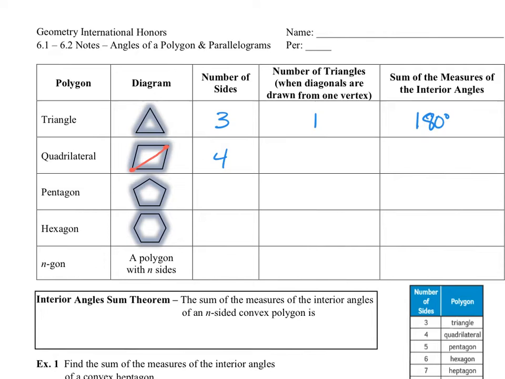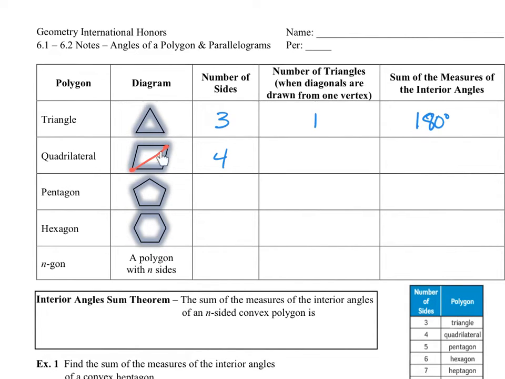So we can see that these two vertices are not consecutive, as in these two vertices are consecutive. So if I connect two non-consecutive vertices, we have what's called a diagonal. That's why a triangle has no diagonals. There's no way I could connect two non-consecutive vertices from one vertex. But anyway, back to our quadrilateral.